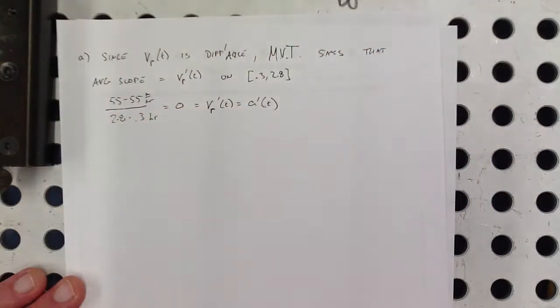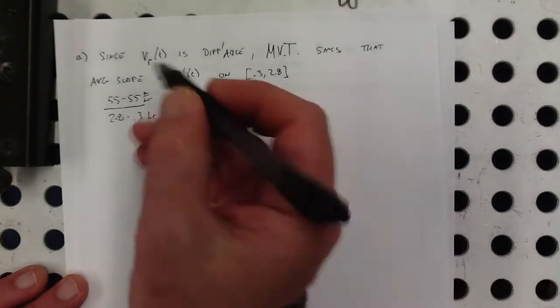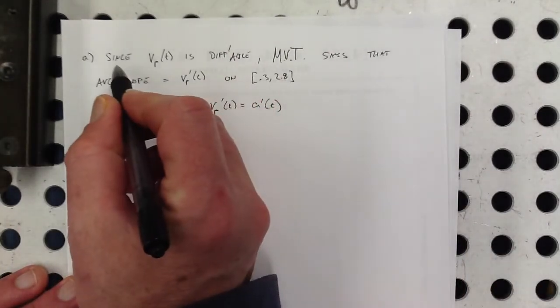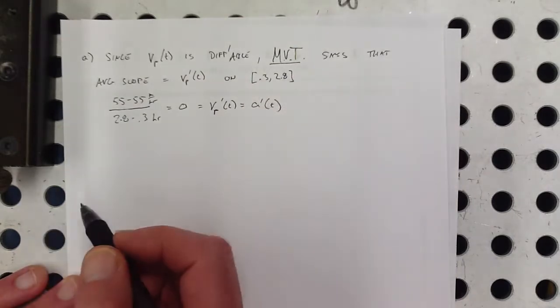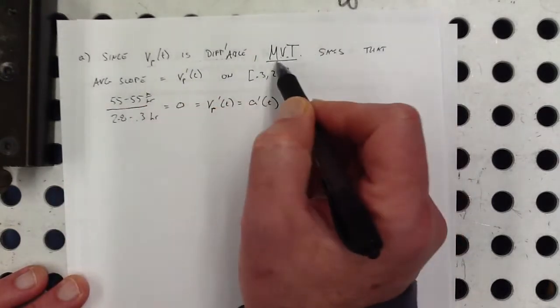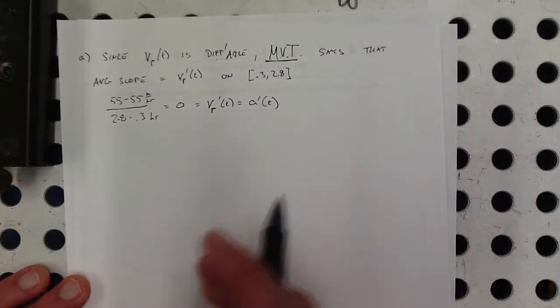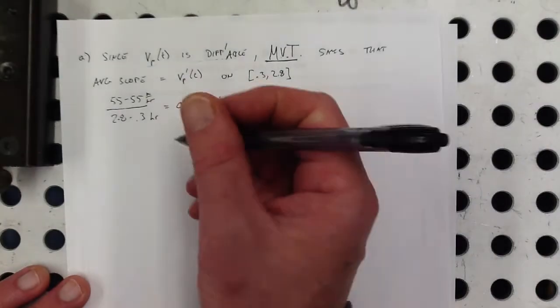And there's different ways you could say all that stuff. The things that are absolutely 100% necessary is you have to invoke the mean value theorem, which means you have to refer to the fact that this function is differentiable, and then the mean value theorem applies. So there you go.